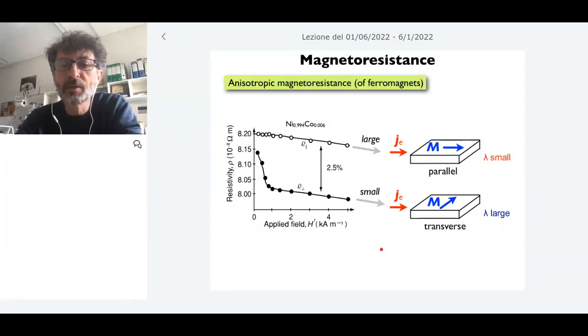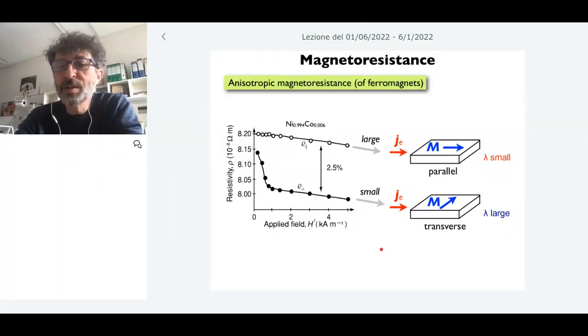So if there is a change in the resistivity, this could be a method to, instead of measuring the magnetization by using magnetometric methods or a vibrating sample magnetometer or whatever you like, or looking at the domains as we have seen, put electric contacts, measure the resistivity, and then from the measurement of the resistivity, discover where the magnetization is.